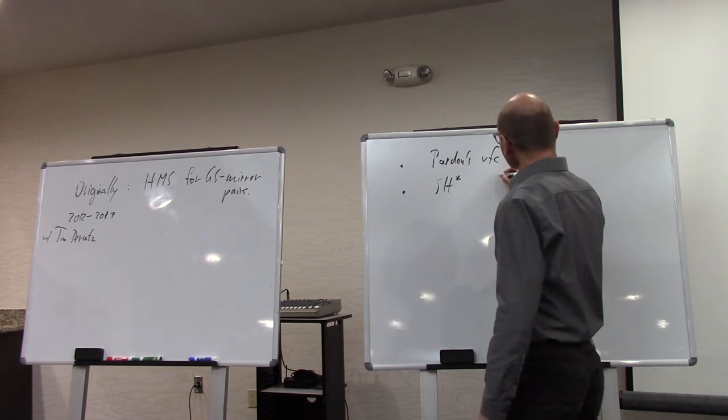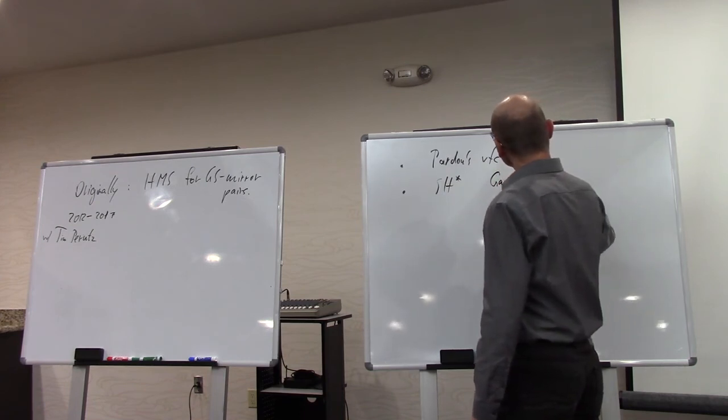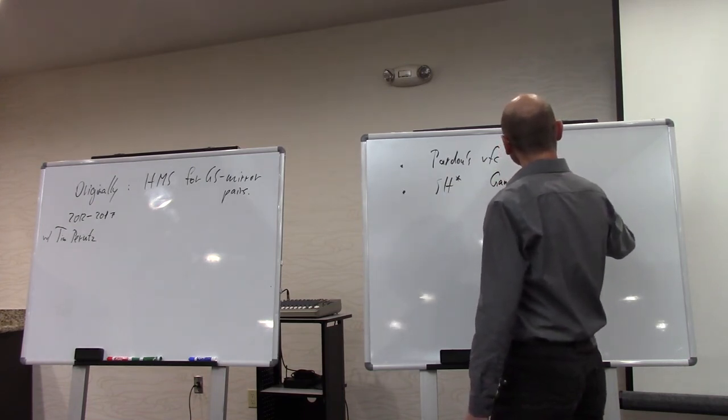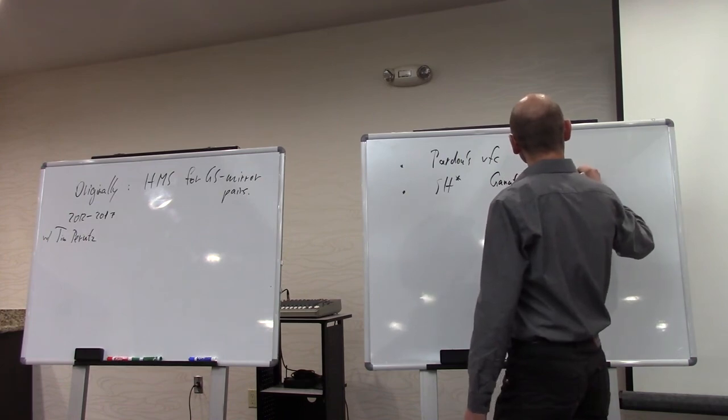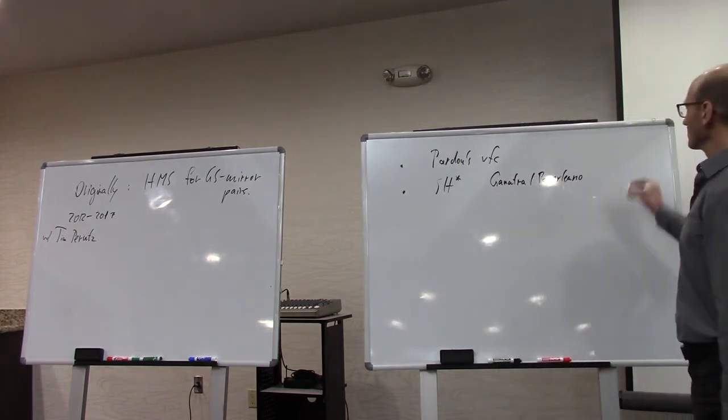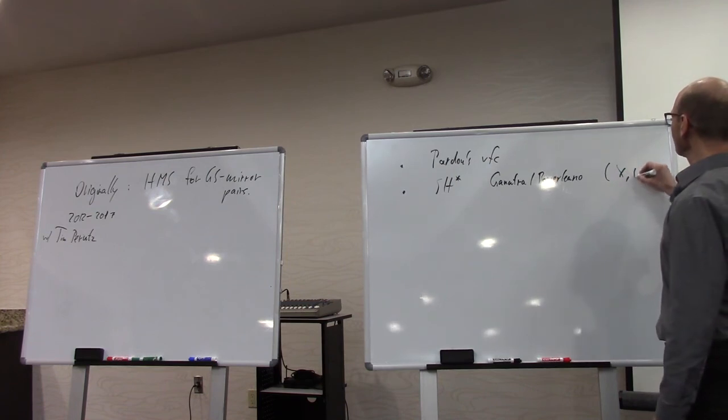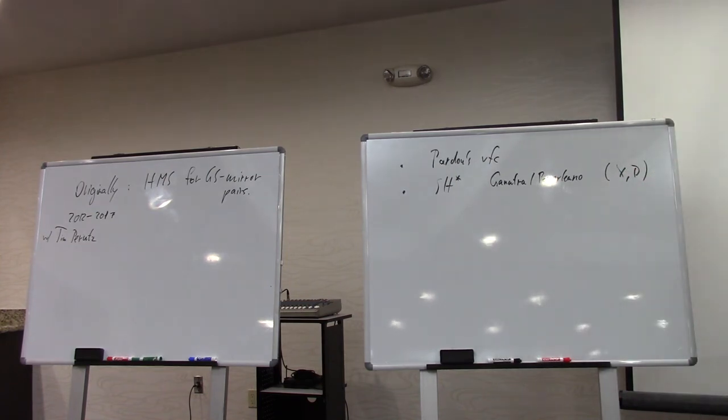And then notably also by Ganatra and Pomerleano, which is very close in spirit to what I'm going to talk about for pairs (X, D), assuming X minus D is affine.